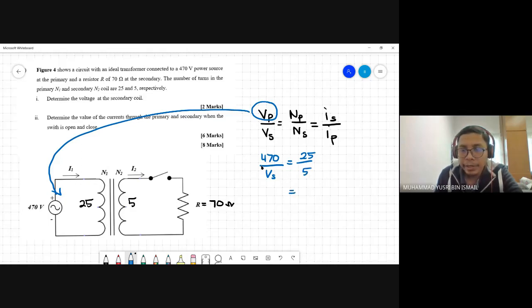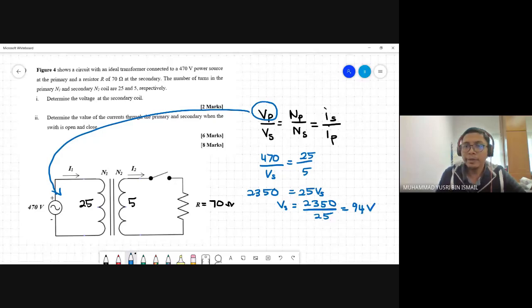Now we rearrange in order to calculate the voltage at the secondary. 470 times 5 is 2350, equal to 25 Vs. So Vs is equal to 2350 over 25, which equals 94 volt.